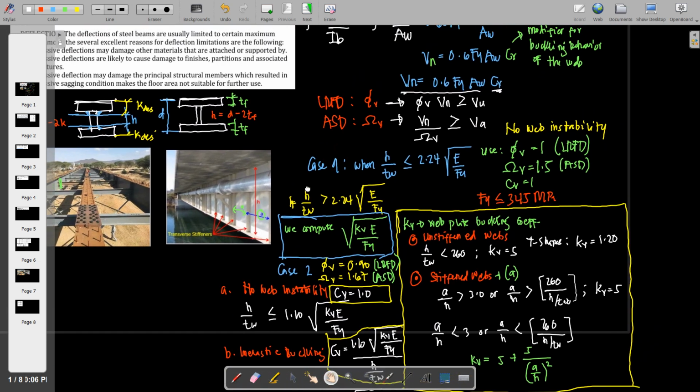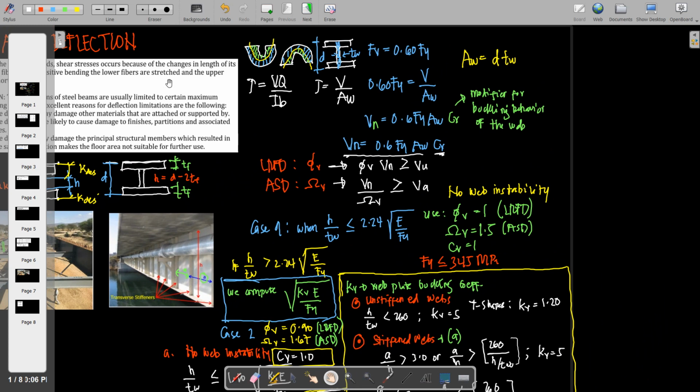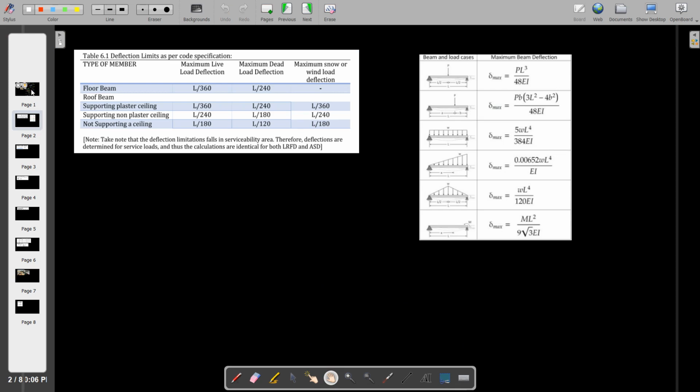Again, the formula is simple. Okay, ito lang ang master formula, no? If we know that, then we'll just have to apply that in our calculation using LRFD and ASD, no? Using those cases.